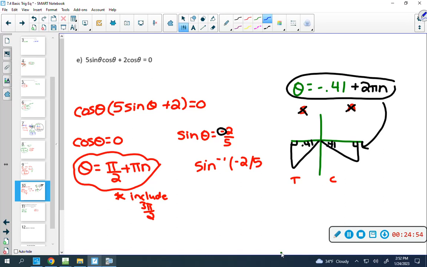So I'm going to measure from 0 around. Well, you are 0.41 past 180 or past pi. So in my calculator, well, maybe mental math, I'm going to do pi plus 0.41. Can you mentally add those up? 3.55, and then our coterminals.